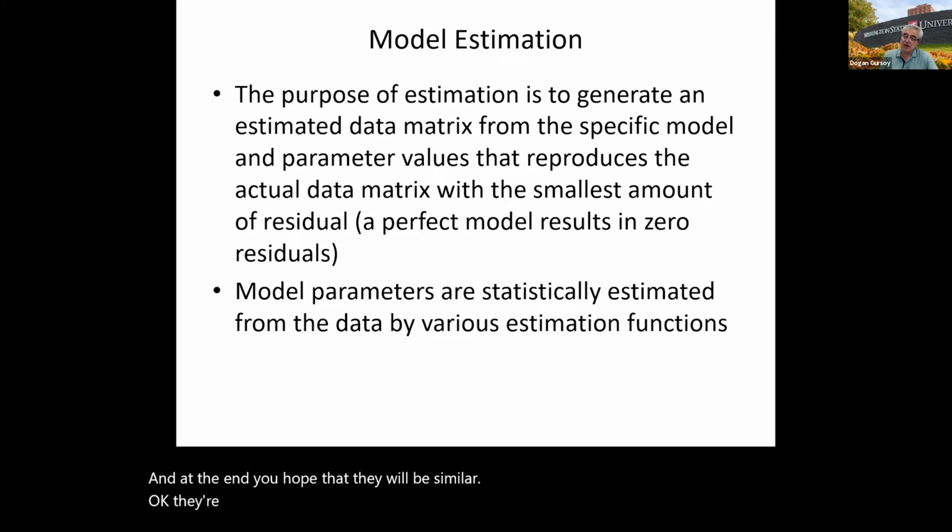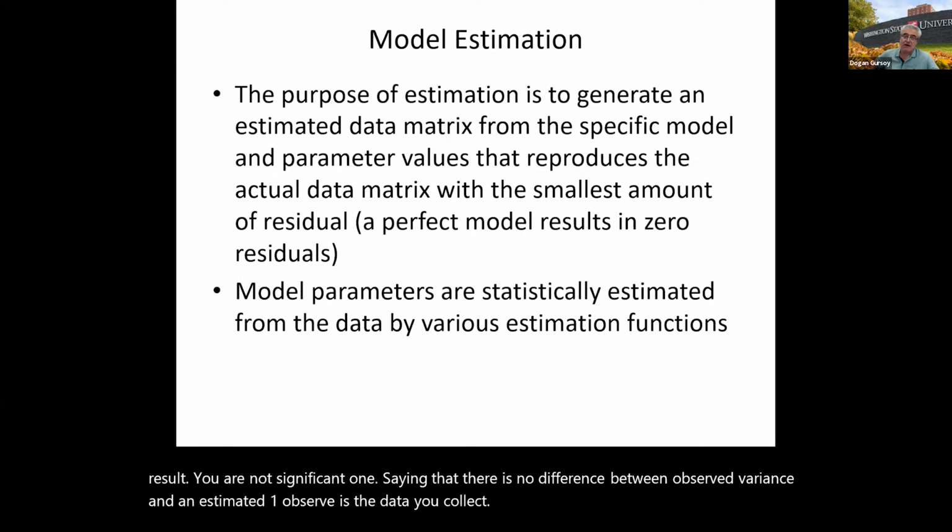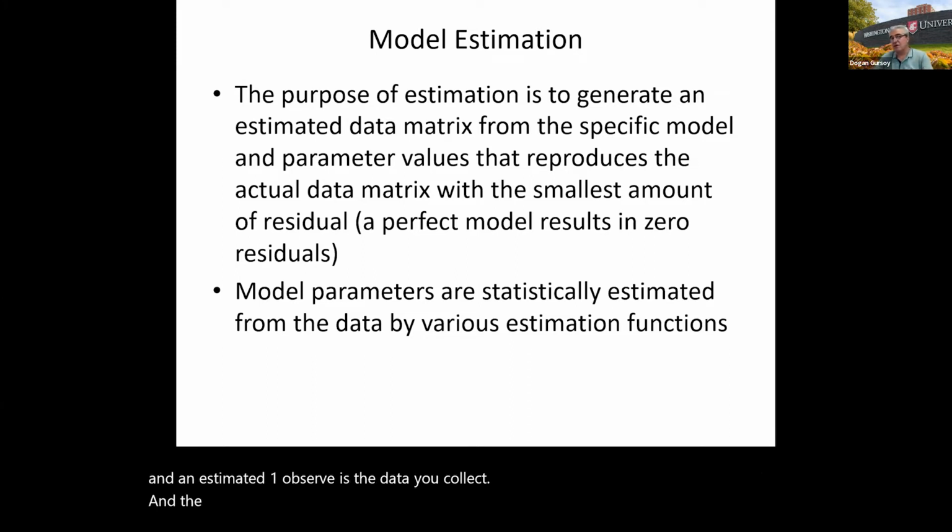That's why when you look at the chi-square, you don't want a significant result. You want a non-significant one, saying that there is no difference between the observed variance and the estimated one. Observed is the data you collect, and the software estimates that using correlation.